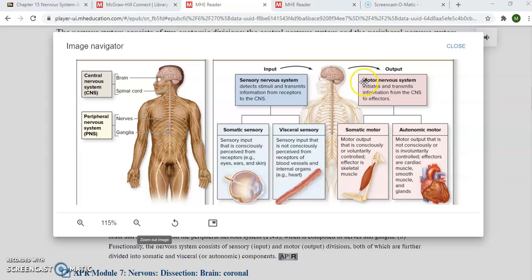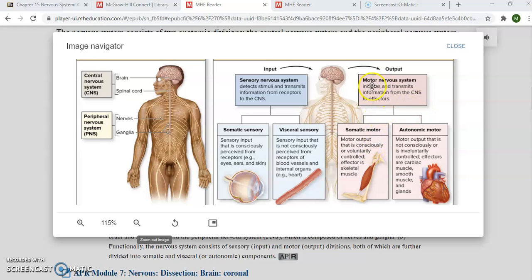Remember, the motor nervous system contains those motor neurons that are taking signals from the central nervous system, the brain and spinal cord, out to the peripheral organs, either out to skeletal muscles or to smooth muscles, cardiac muscle, or glands of the body.